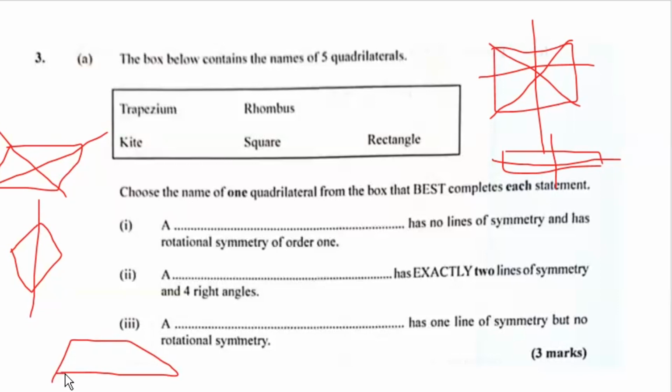It's like folding a napkin in 2. There's nowhere on this trapezium that we can do that. So it has no line of symmetry.